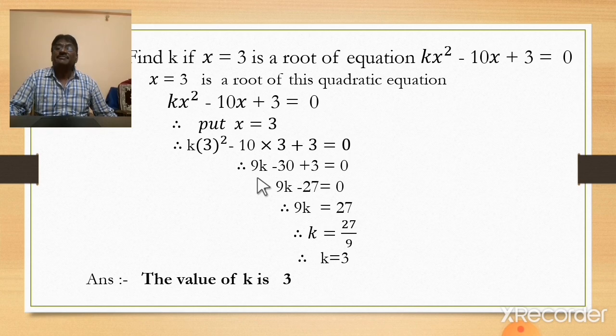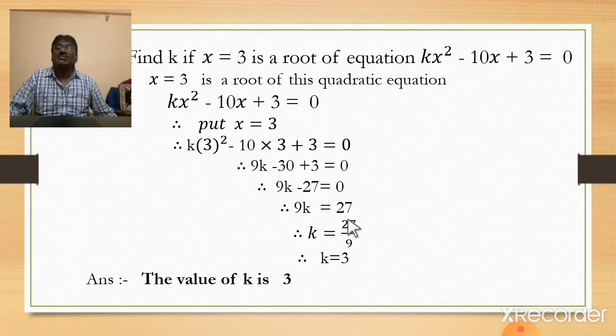Now we get 9k minus 30 plus 3 is equal to 0. Minus 30 plus 3 gives minus 27, and now the equation is 9k minus 27 is equal to 0.